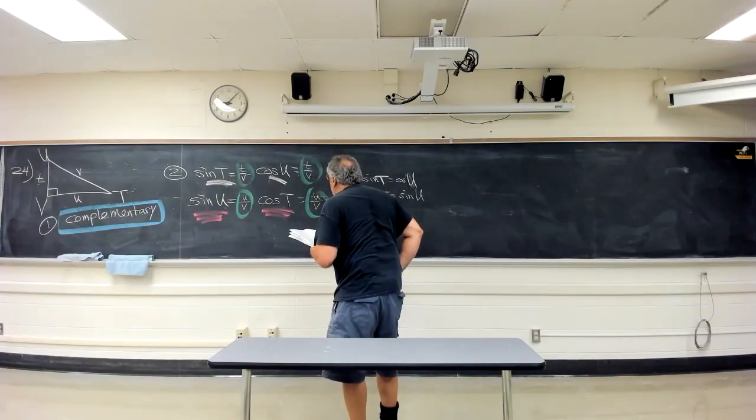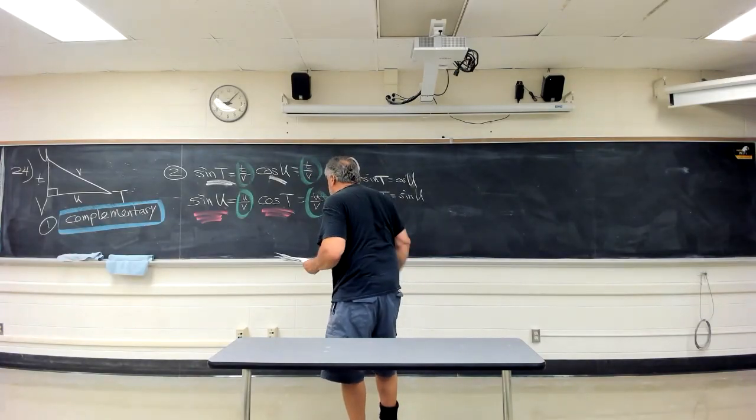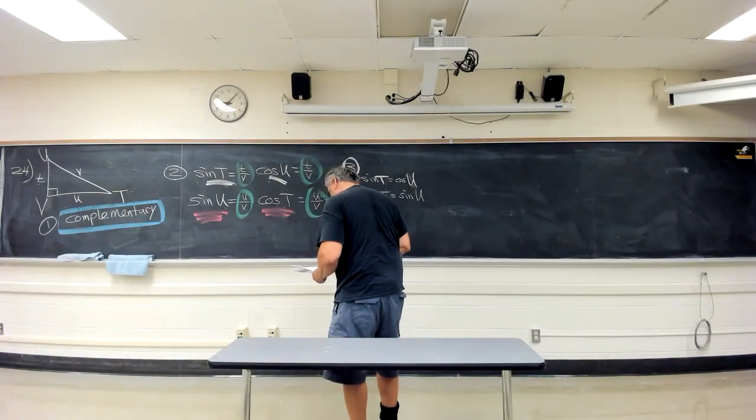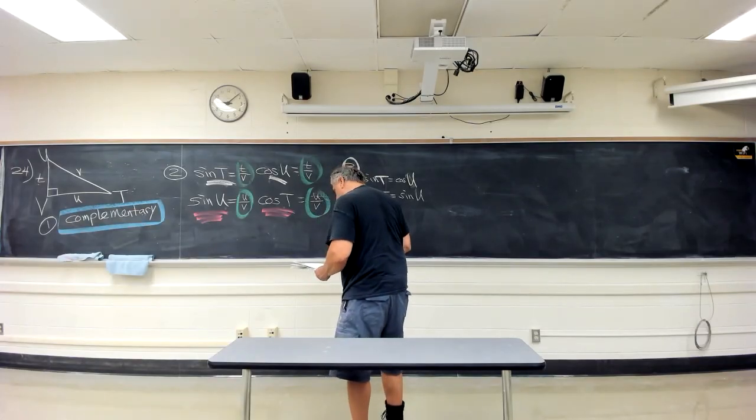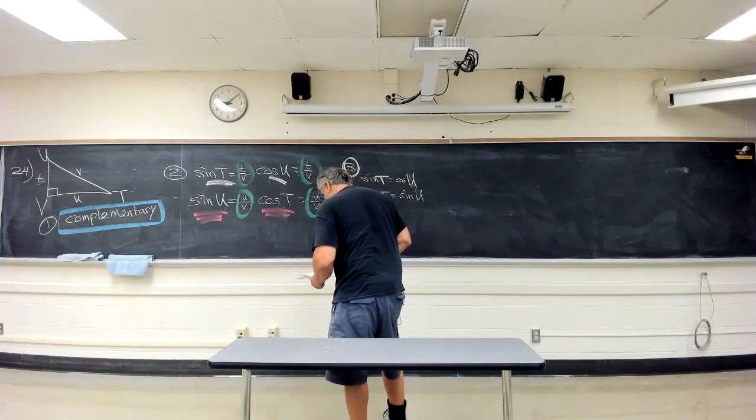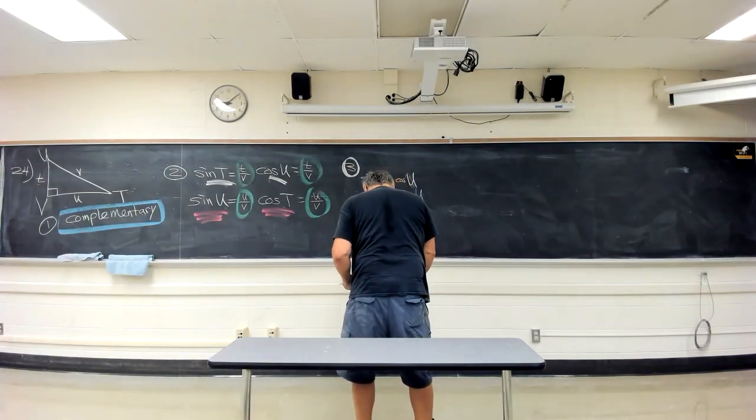Sine of T, sine of U, it ain't going to work. Sine of T, cosine of U, yes. Cosine of T, cosine of U, no. Cosine of T, sine of U, yes. And the none of the above, no, that's not true. You just answered two of them.